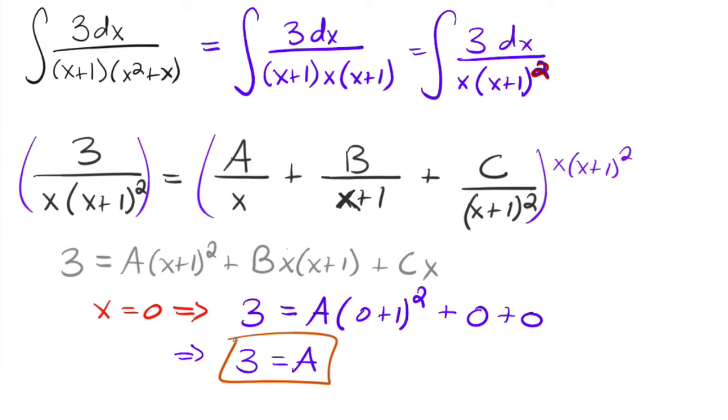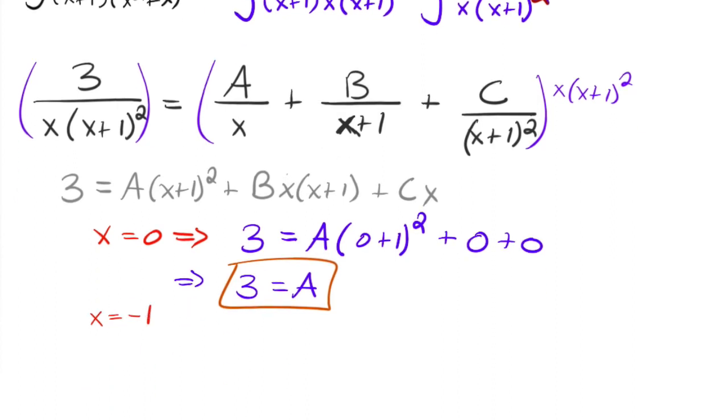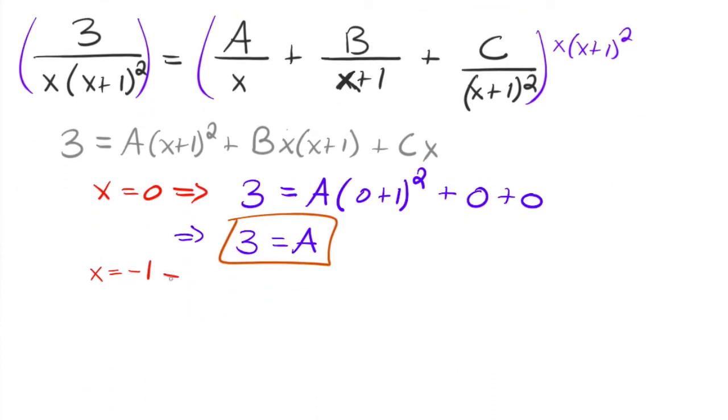Okay, so that's good. And then notice that you can zero out both of these by letting x equal negative 1. So let's do that. If x equals negative 1, then this one would get zeroed out. So let me write that out.